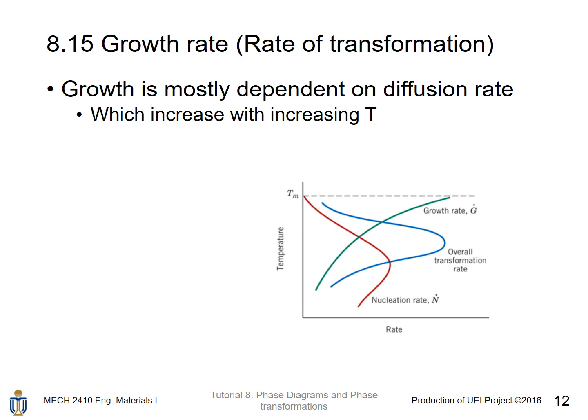And that means the growth rate will increase with increasing temperature. And to consider the overall transformation rate, it is the nucleation rate multiplied by the growth rate. And there is also an optimum temperature for the overall transformation rate.